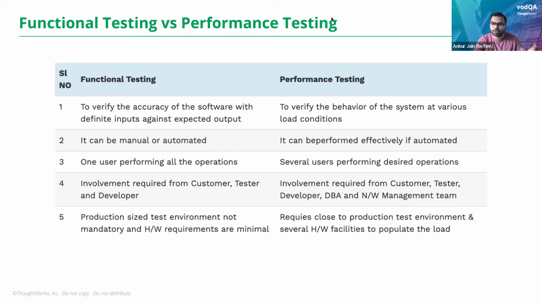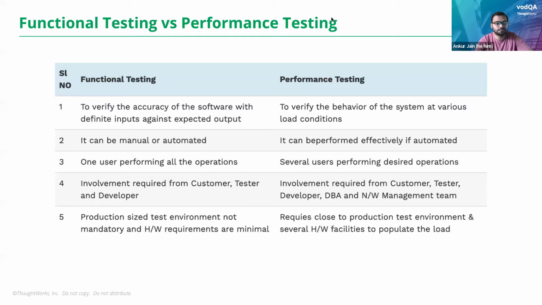In a functional test, one user is mostly performing the test, an individual user on their individual device, whereas in performance you use several virtual users, with several simultaneous requests going on.